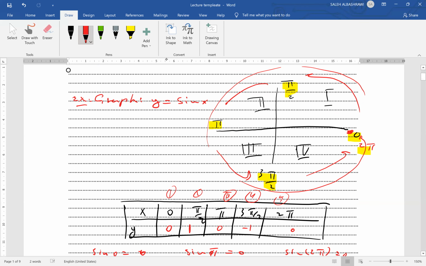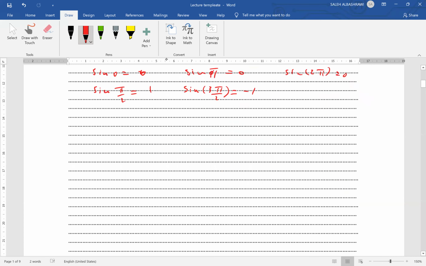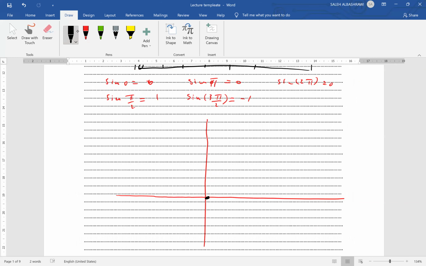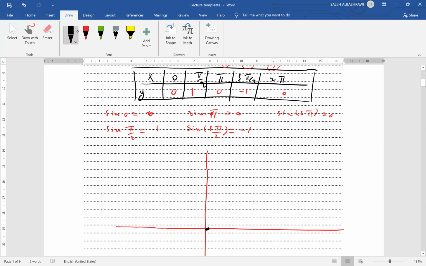Now the graph of the sine function will be: start with 0, and 0 gives me 0. Y is 0. If x equals pi over 2, it will be 1. If it is pi, I will have 0.